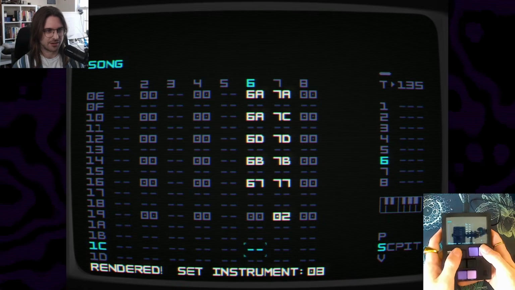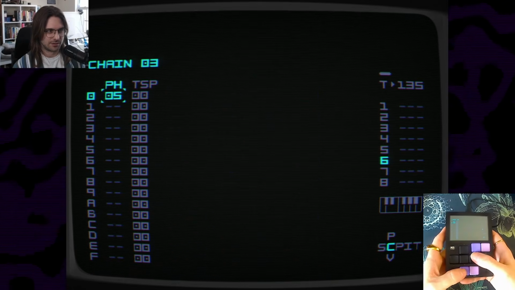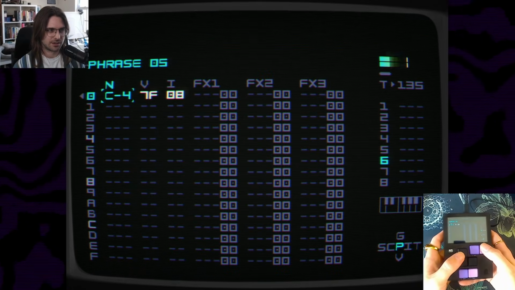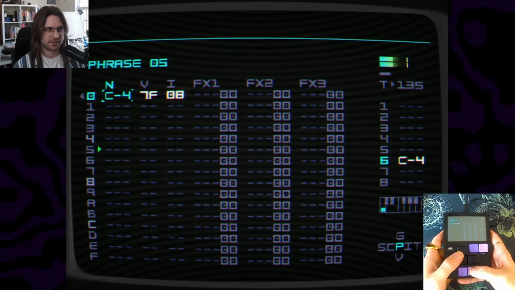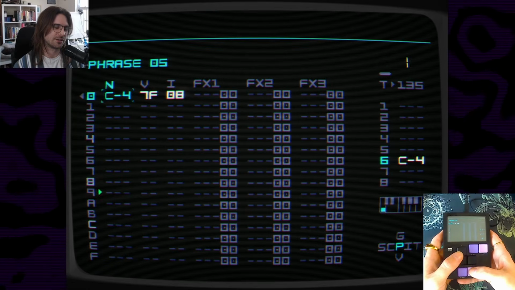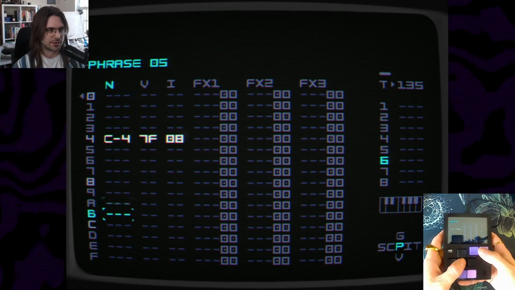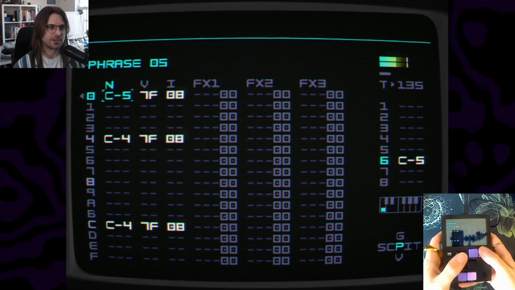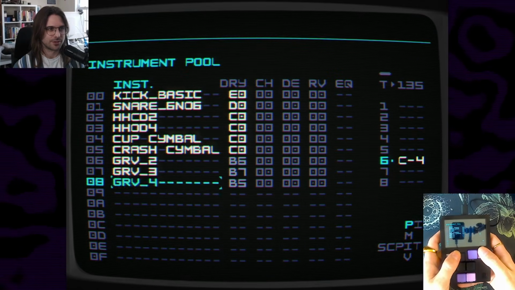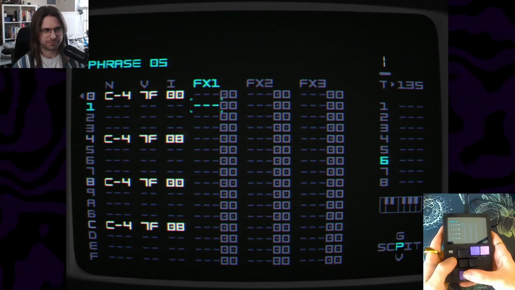Now I have that as instrument 8, so I'll just make a new phrase, a new chain, and I have this. All right? Not super helpful because the snare is so late, right? Oh no. But what I'm going to do is put it here and put it here, as if I was making a normal drum beat. Kick, snare, kick, snare.